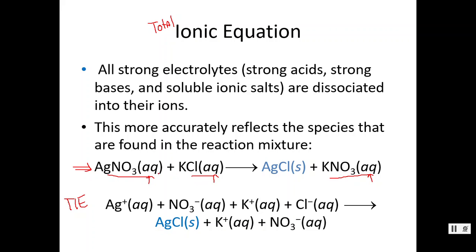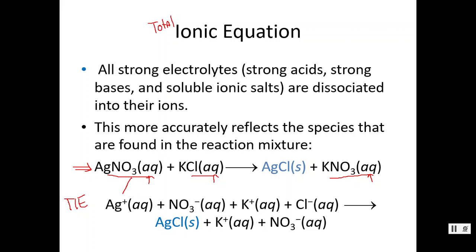And when I do that, you will see that I write not only the symbol, but the associated charge and the associated state with it. So for example, aqueous silver nitrate can be broken into the silver ions and the nitrate ions. Remember, nitrate's a polyatomic, it's a groupie, it stays together.